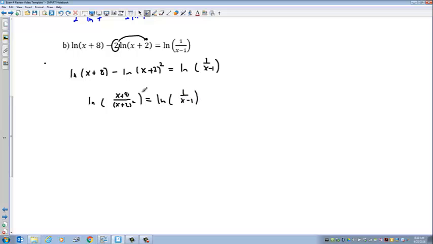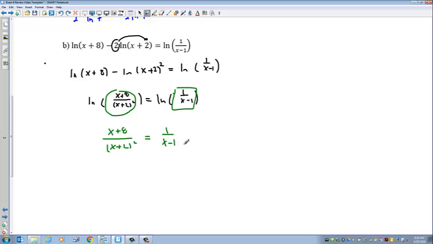And now I have ln of this equal to ln of that. And because the ln function is 1 to 1, I know the insides have to be the same. So this has to be the same as that. So I can set them equal to each other. So I really have x plus 8 divided by x plus 2 quantity squared equal to 1 over x minus 1.